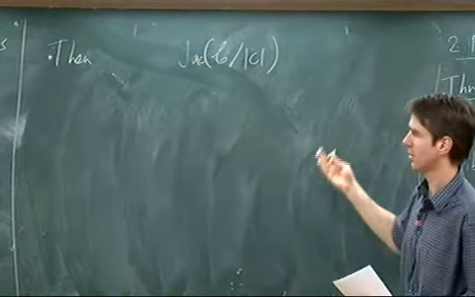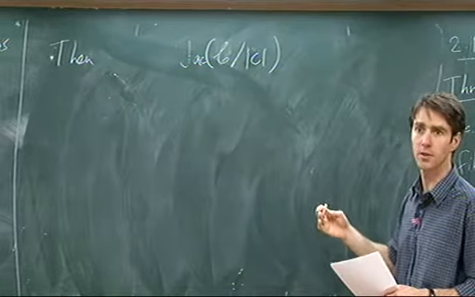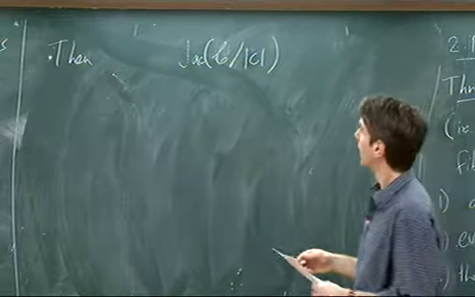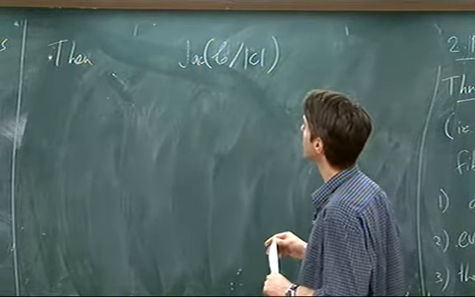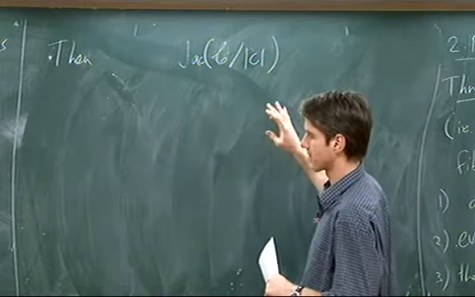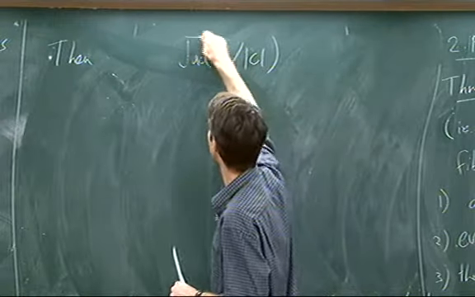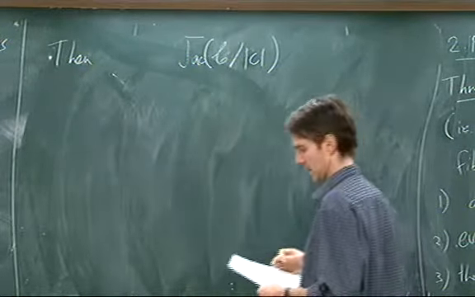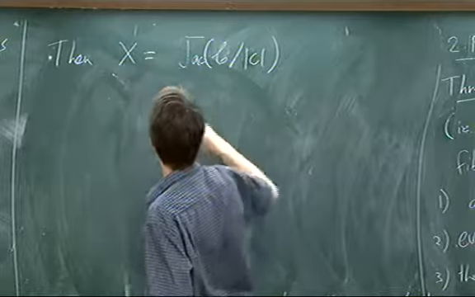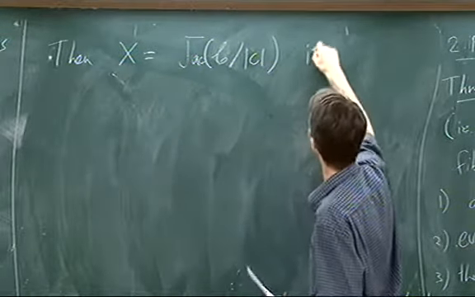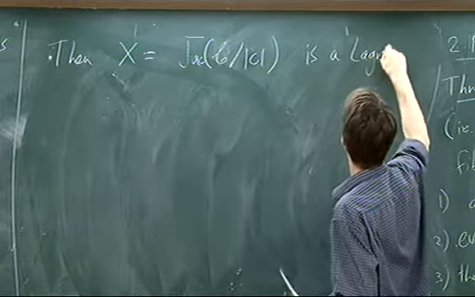Okay, so we have the family of curves. We just replace each curve by its Jacobian. And this will work okay for the smooth fibers. For the singular fibers, you need to take a compactification, a compactified Jacobian. And then this space is a Lagrangian fibration.